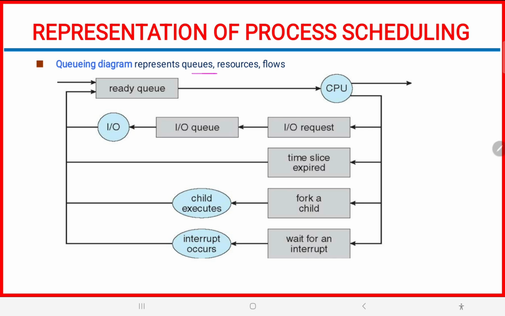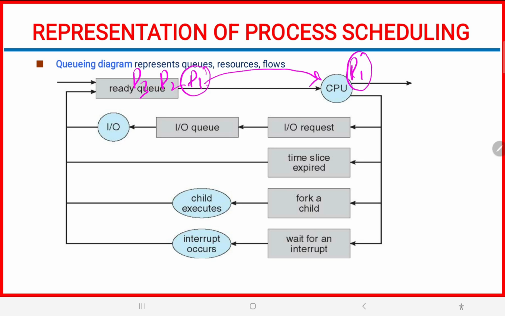Let's suppose P1 was in the ready queue, and thereafter P2 was there and P3 was there. So as of now, the ordering is first P1, then P2, and then P3. The moment the CPU is free, P1 gets the access to the CPU.